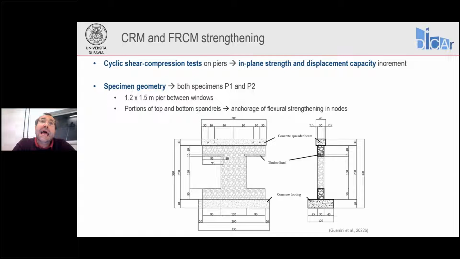The masonry was the same as investigated with the diagonal compression tests, same mortar, same stones, and same thickness of 300 millimeters.